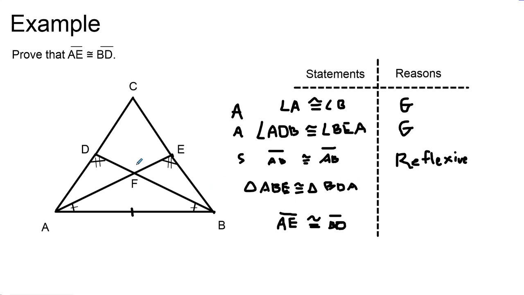And I proved it using angle, angle, and then the side is not included. So we used angle, angle, side. So then I can conclude that the two additional sides, AE here and BD, are congruent using CPCTC.